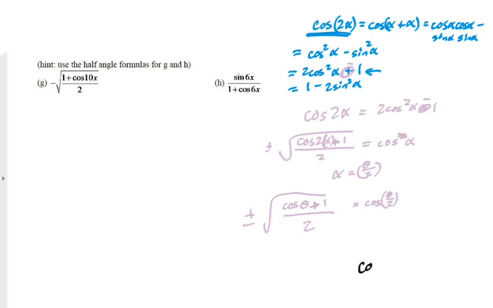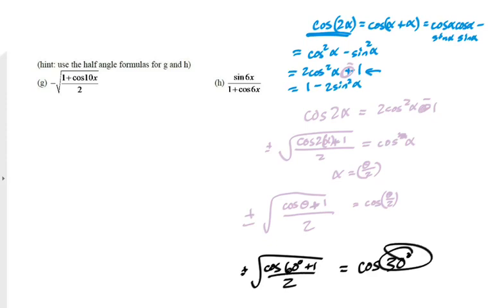If you had something like cosine 30 degrees, that is the same as plus or minus the square root of cosine of 60 degrees plus 1, divided by 2. See, this is half of this. So if you had this whole guy right here, what's another way we can write him?